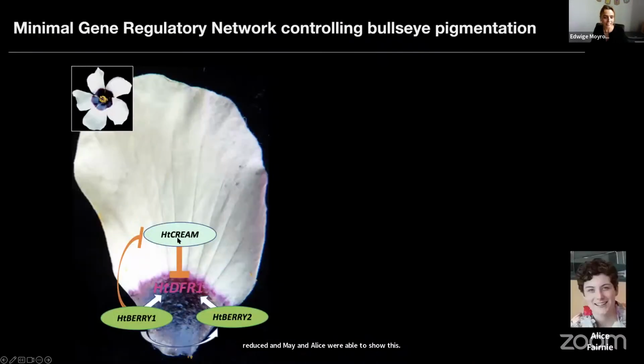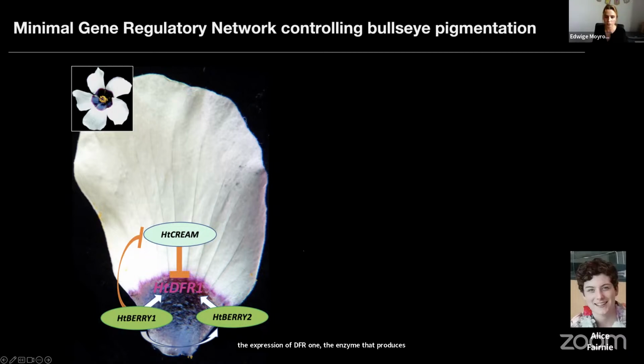And to cut a very long story short, we were able to find that this reduction in bullseye is due to a modification of a small gene regulatory network that accounts for pigment production. So in trionum, we found that the production of pigment at the base of the petal is regulated by 3 transcription factors that restrict the expression of DFR1, the enzyme that produces the pigment, to the petal base.